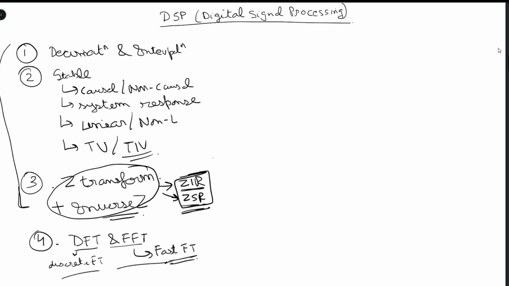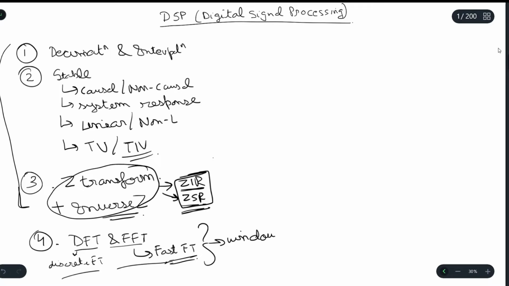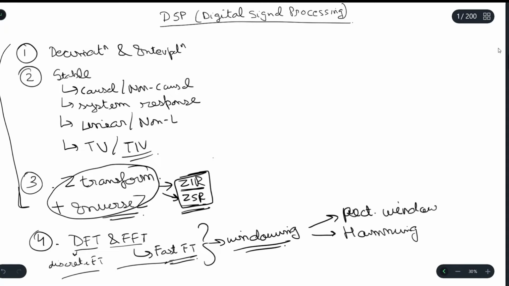And then we have different techniques, that is the different windowing techniques for DFT and FFT. That is, we have the rectangular window technique. Then we have the Hamming technique, or we can say the Hamming window.